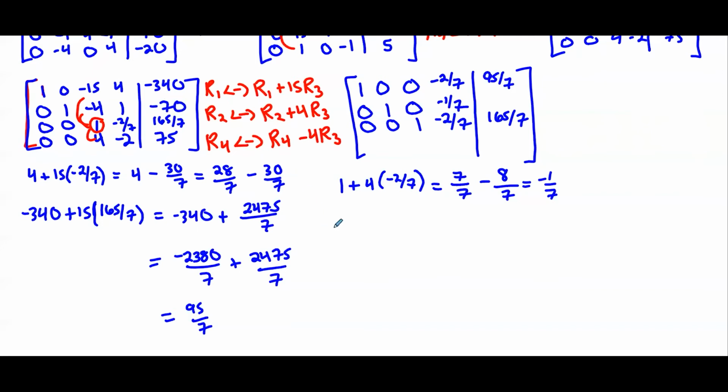And then I've got negative 70 plus 4 times 165 over 7. So this is negative 490 over 7 plus 660 over 7. Gives me 170 over 7.